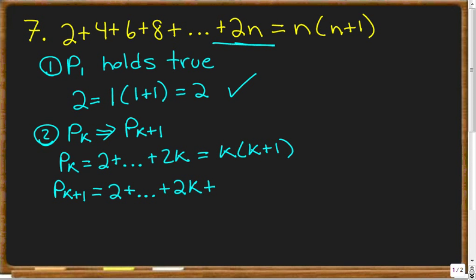Now I'm getting that formula right here. So it says 2 times whatever term I want gives me my value. So I need to do 2 times k plus 1, because now I'm using k plus 1 as my final value. Okay? So those should match up.